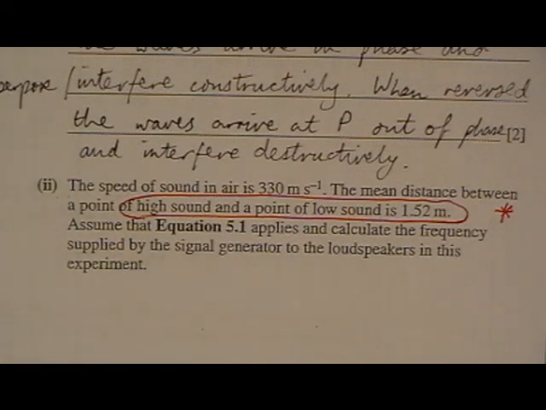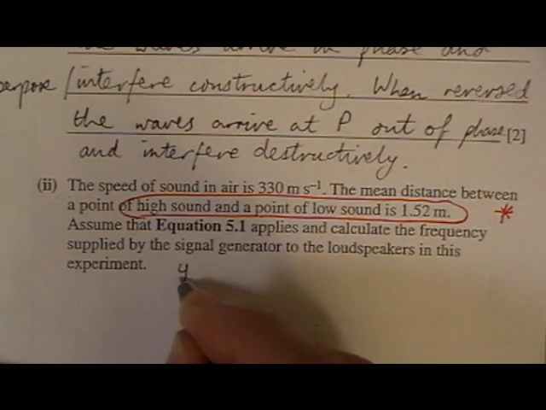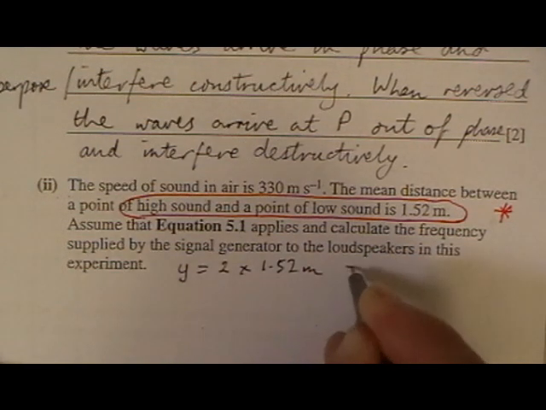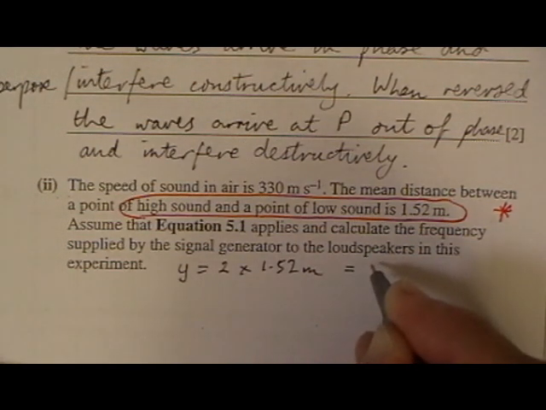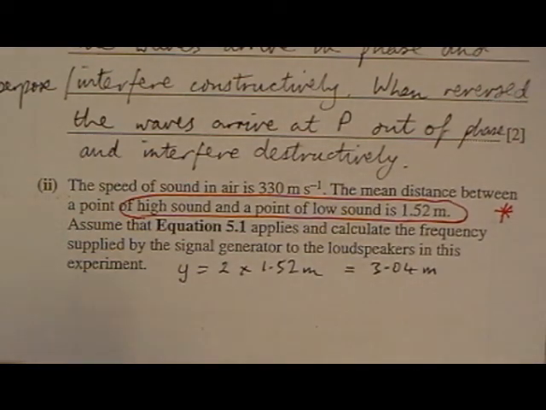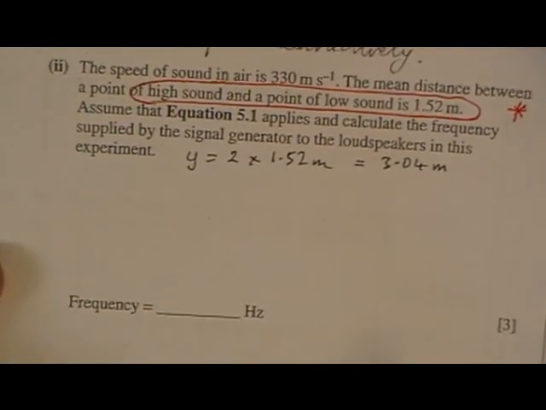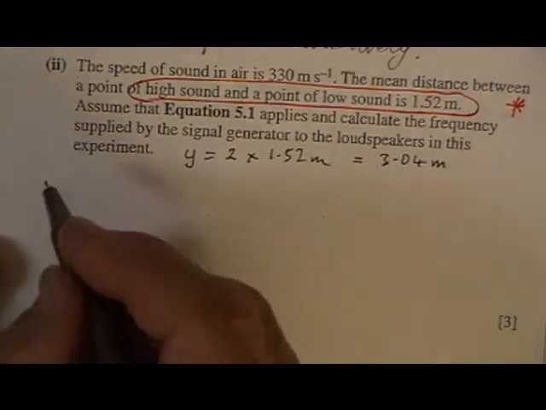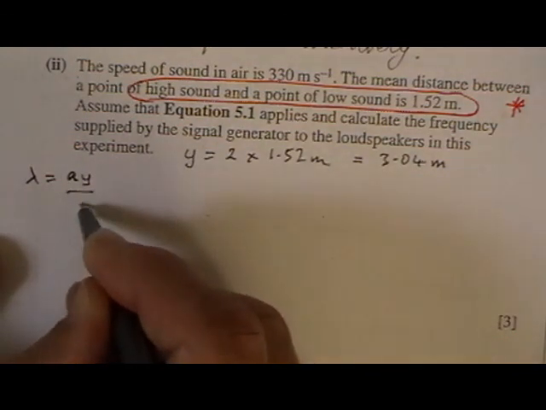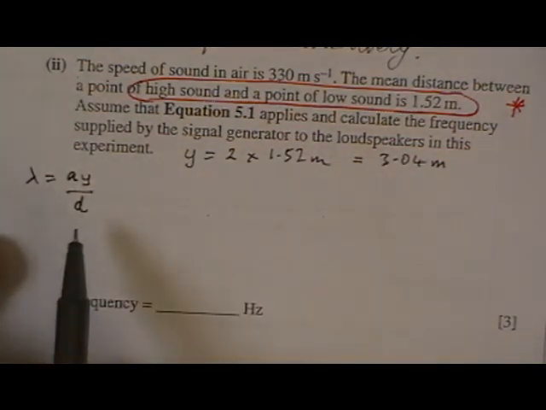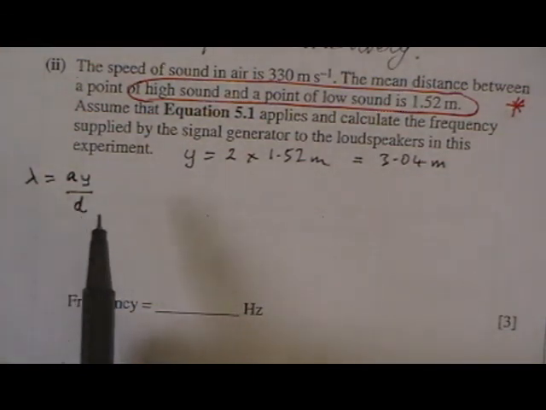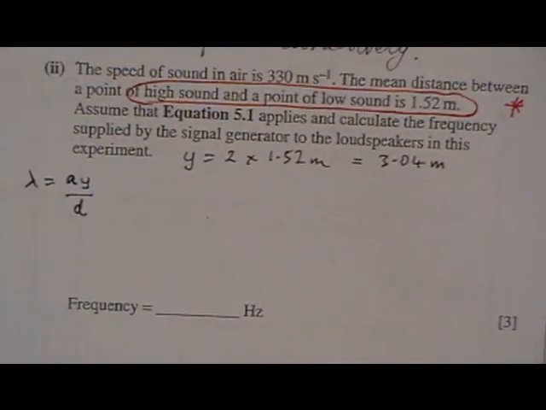So the first thing that we have to do is say that y is actually equal to 2 times that 1.52 meters, and that's actually equal to 3.04 meters. Now we can use the equation that we had before, which was that lambda is equal to a times y over d, but we need to get some information from the previous diagram to give us what a and d are.